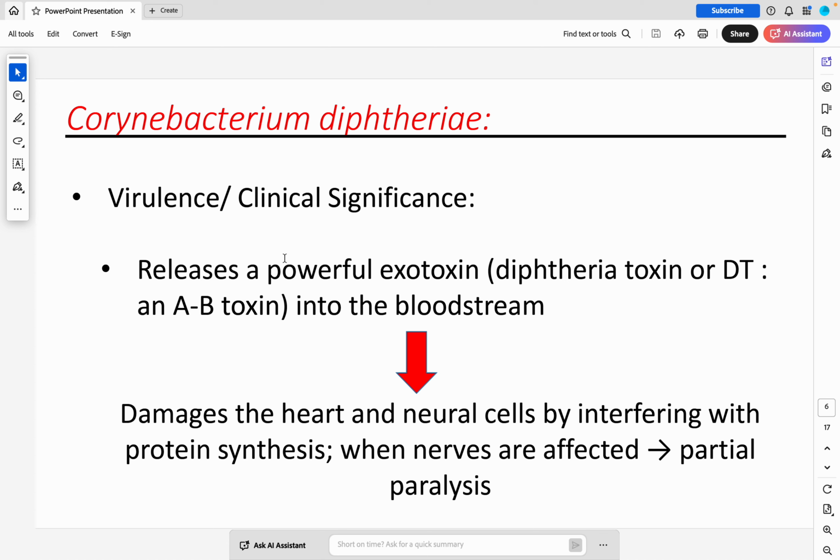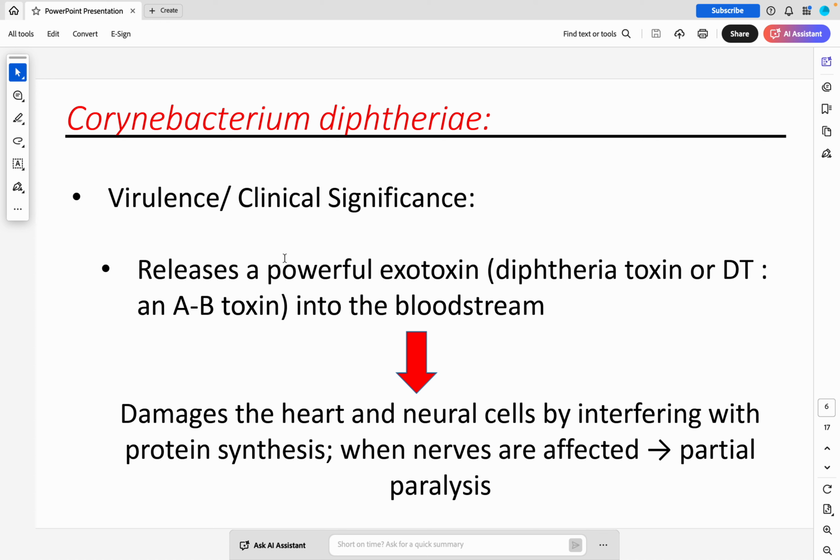The A unit interferes with protein synthesis. It makes elongation factor, an important molecule during protein synthesis, non-functional. So there is stoppage of protein synthesis associated with diphtheria toxin.